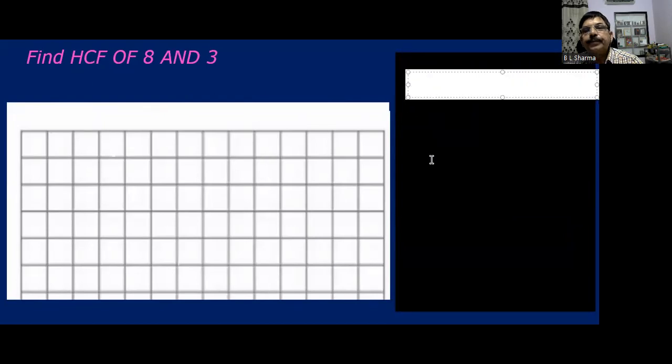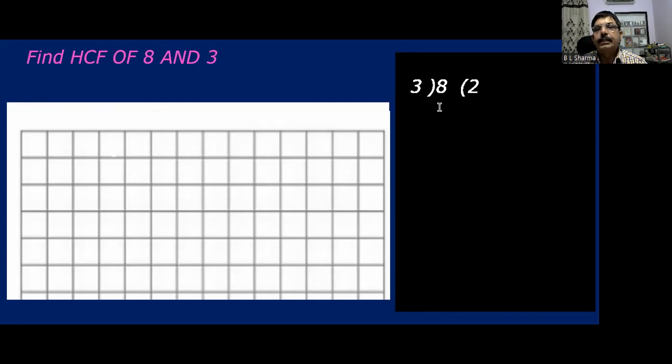For the long division method, we have already taken the two numbers, 8 and 3. Right here 3, then 8. 3 twos are 6, and 3 twos are 6, right here 6.